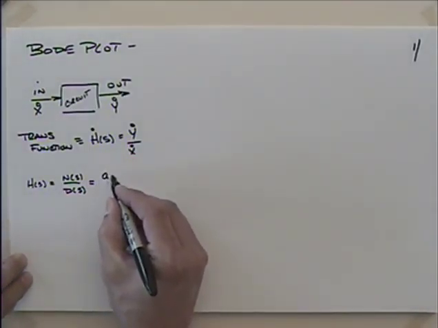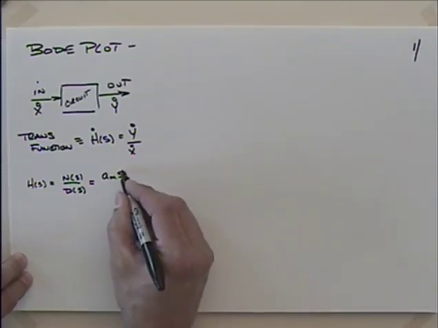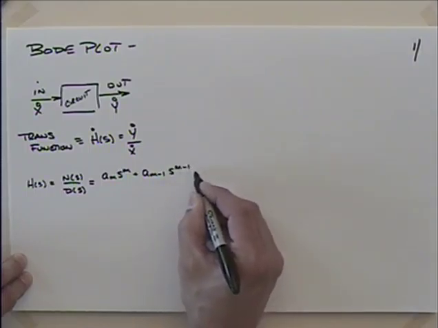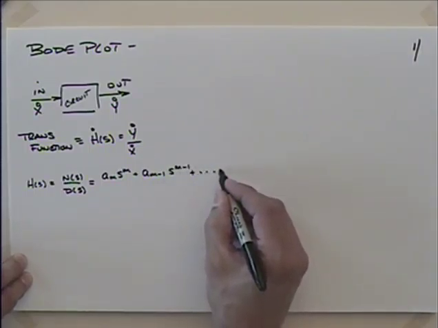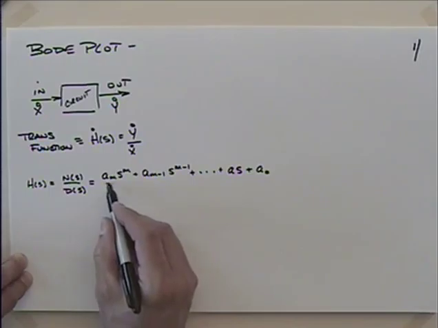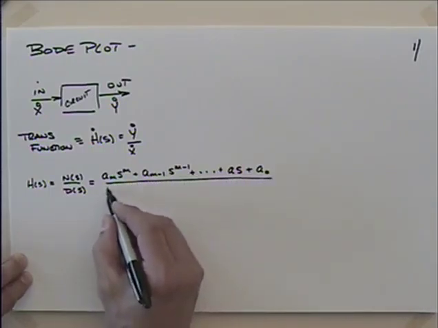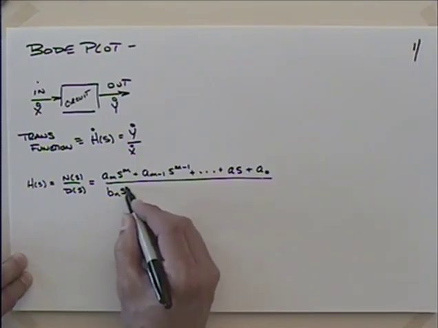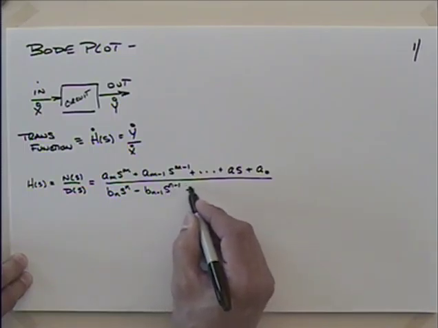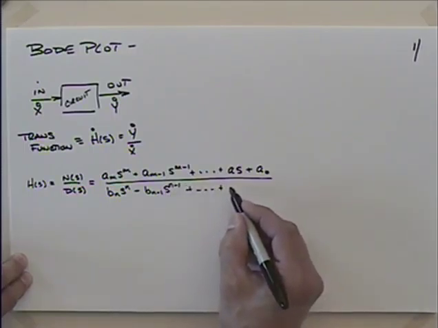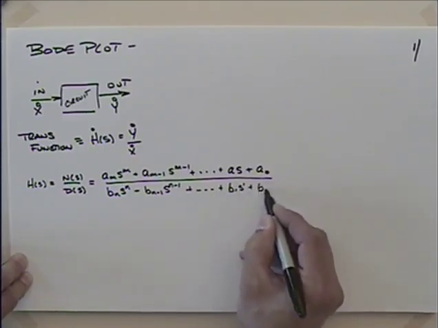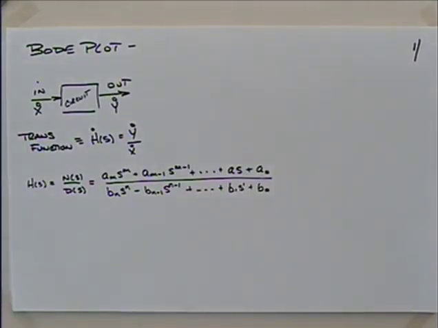So we might talk about some constant a sub m, s to the m, plus a sub m minus 1, s to the m minus 1, plus, and so on, till you get up to a sub 1 s plus a naught. And you could do the very same thing for the denominator, different symbols, b sub n, s to the n, plus b sub n minus 1, s to the n minus 1, plus, and so on. Being very general with this, b sub 1 s plus b naught. The ratio of two polynomials oftentimes is what you have.